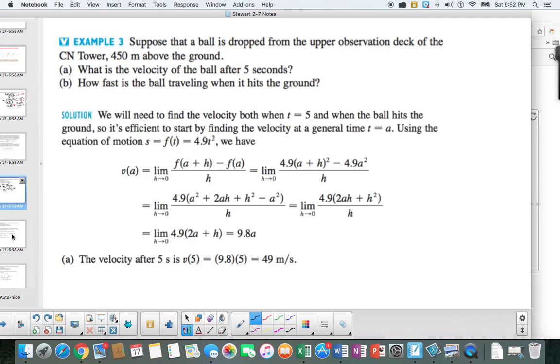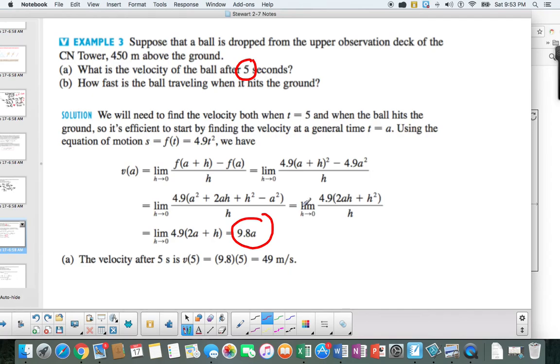Now on this next slide, all of the work is done, and you can see it's being expanded, and then there's some cancellation, and then there's some reducing. And what we get here is a formula. We can substitute any point in here, and in our case we're going to substitute the number 5. And when we substitute the number 5, we're going to find the velocity.